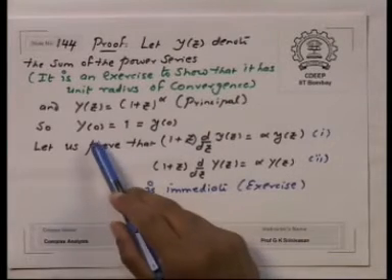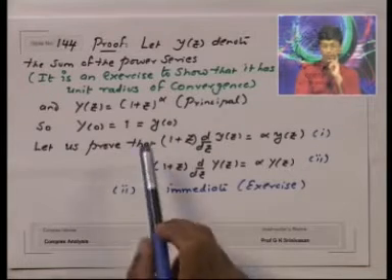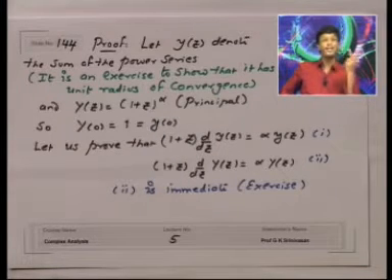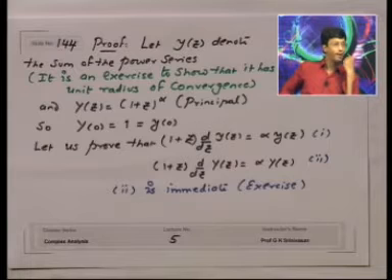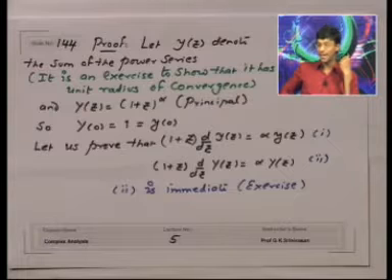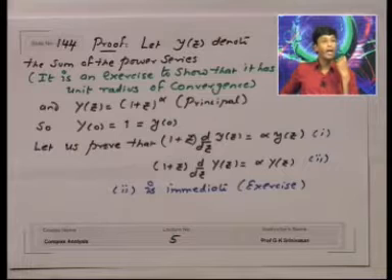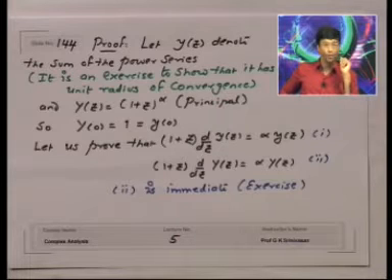What about capital Y(0)? When I say principal value, what is it? It is exp of alpha log(1+z), and I am putting z equal to 0. So, I am going to get exp of alpha log 1. What is the principal value of log 1? It is ln 1, which is 0, plus i times arg 1.